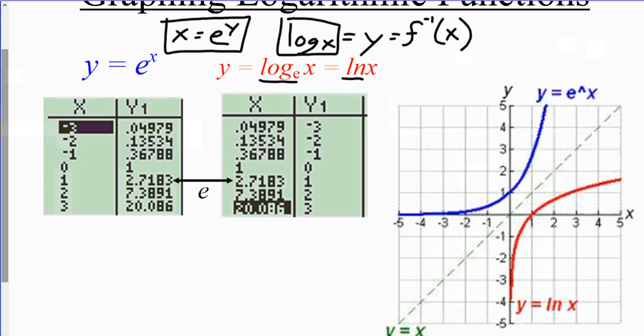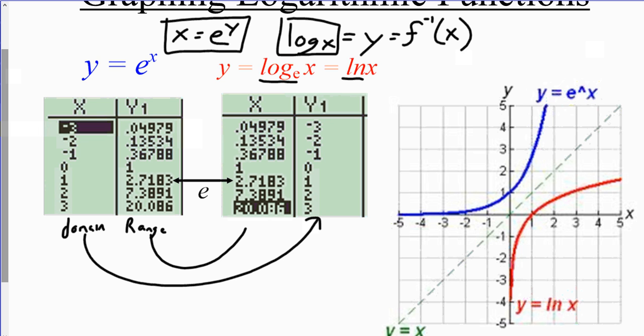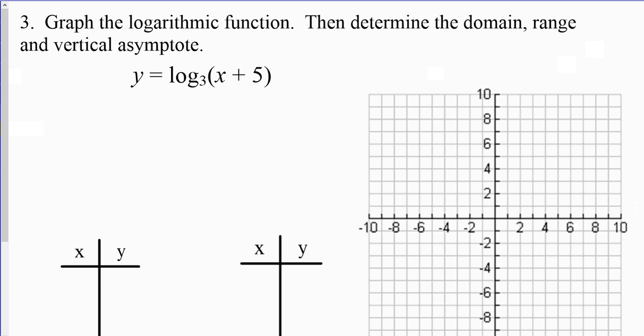Okay, notice the tables in our graphs here: what was once our domain became the range of our inverse, and the range here became the domain of my log function. So knowing our things about inverses is going to really help us graph these log functions. Let's go ahead and see what that will look like.